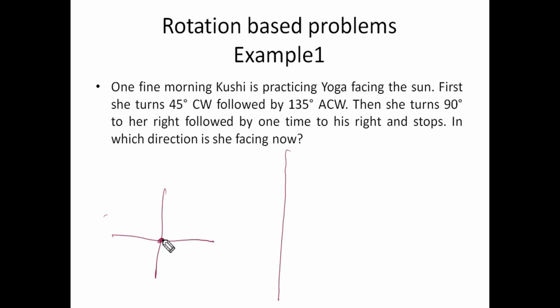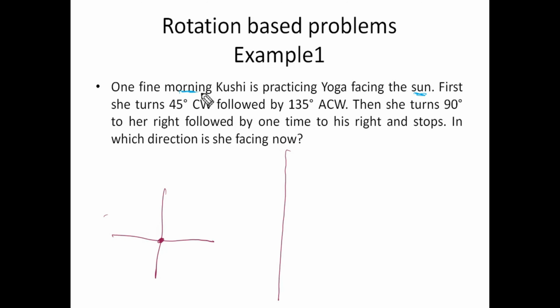Yes, Kushi is in this location. One fine morning, okay, it is the morning, and she is practicing yoga facing the sun. Means indirectly he is telling the initial facing direction.